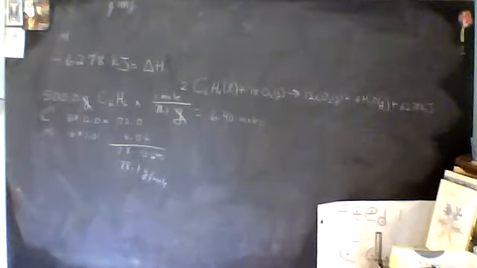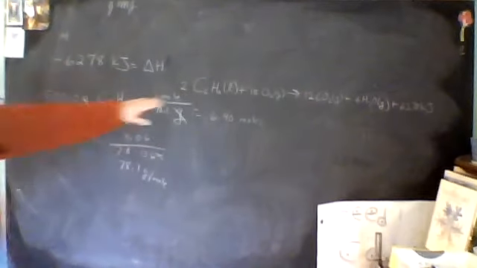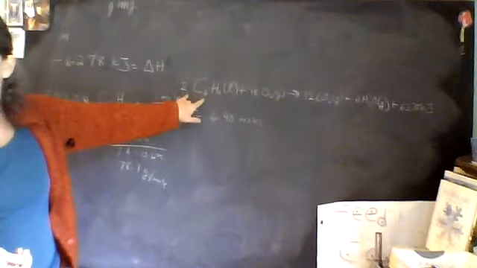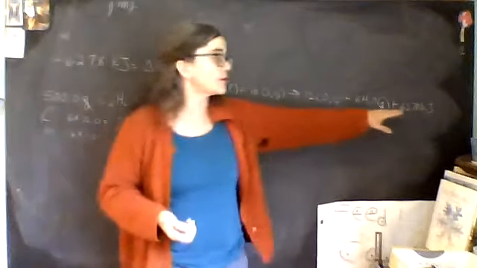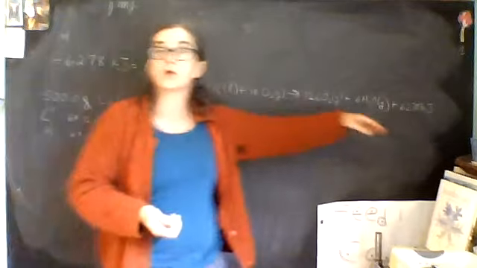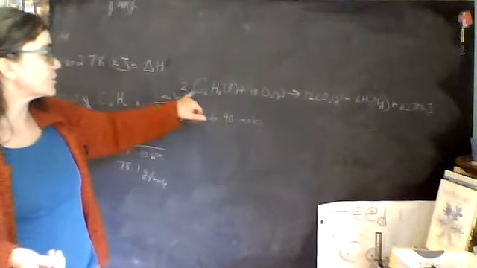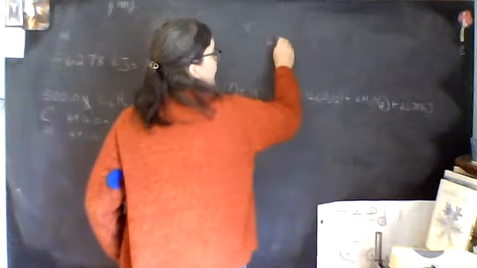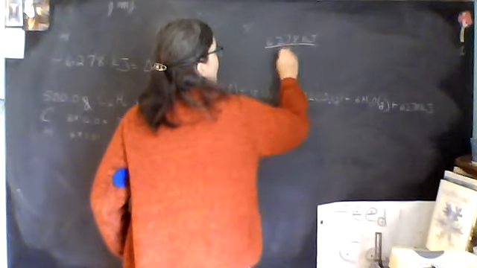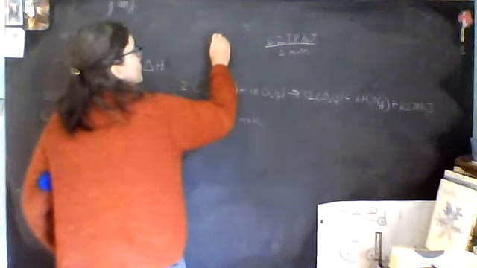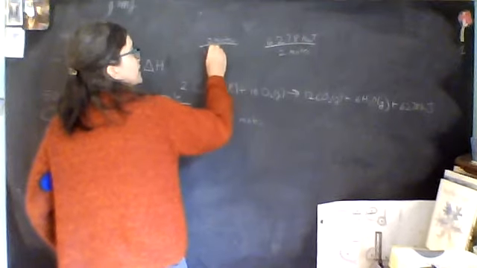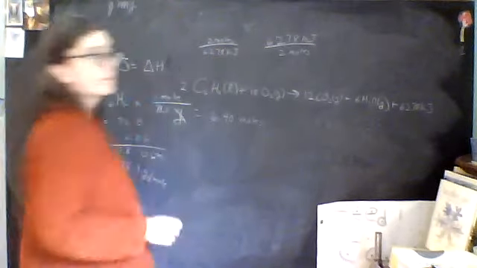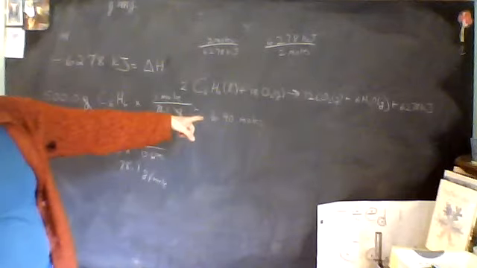Okay, so now what? For every 2 moles of this, how much energy? 6,278 kilojoules. So what's the relationship? 6,278 kilojoules per 2 moles, or 2 moles per 6,278 kilojoules. Which relationship do we want here?